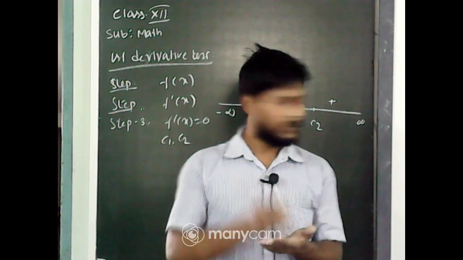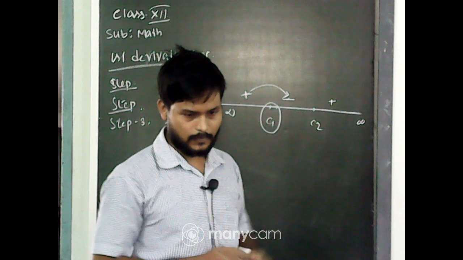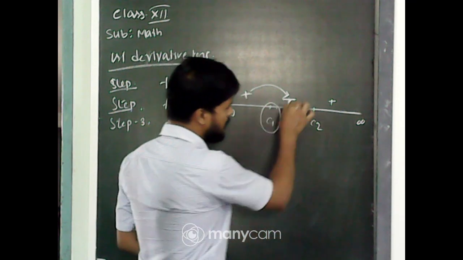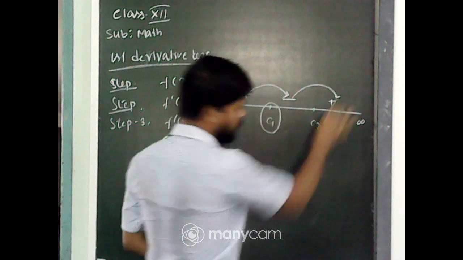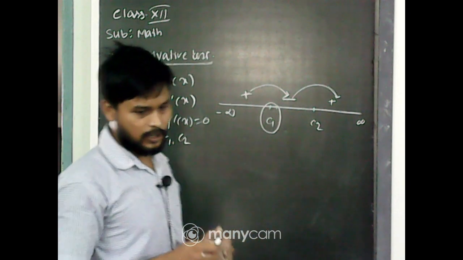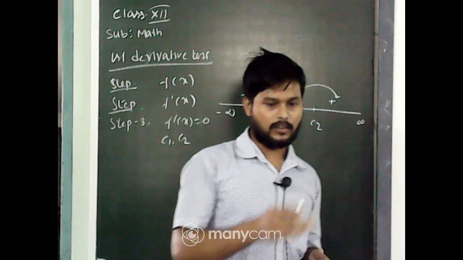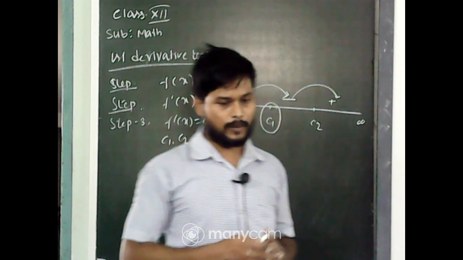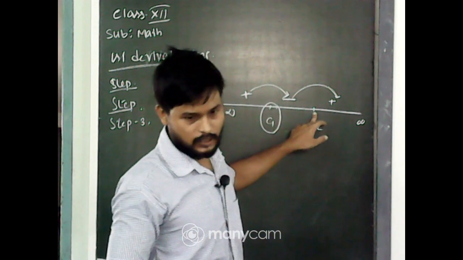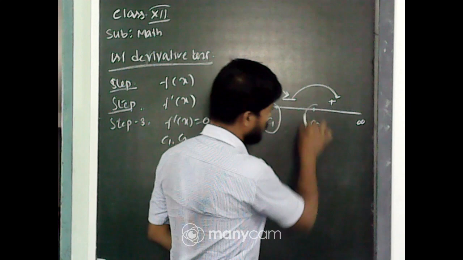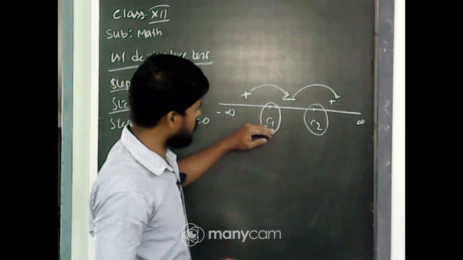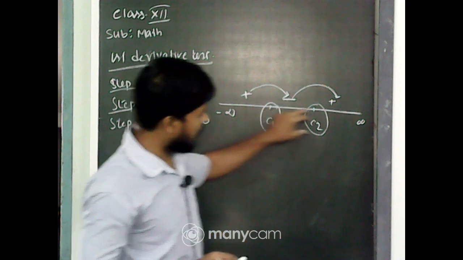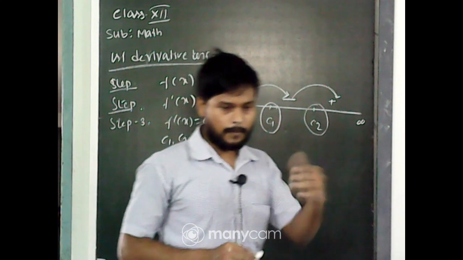Also look here, the sign of f dot x is changing from negative to positive, and we know that when the sign changes from negative to positive, we have a local minimum point at the critical point c2, isn't it? So this point has a local maximum, and at this point we have a local minimum.